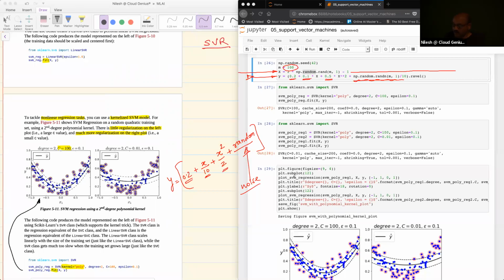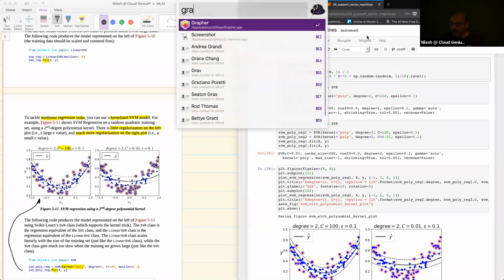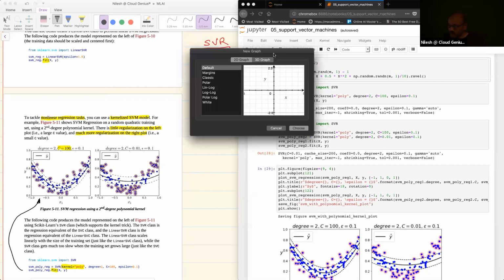We don't want perfection. We want to introduce some noise in our generated data because that's the nature of the beast. I just had this idea, so I can plot this same concept on the graph.